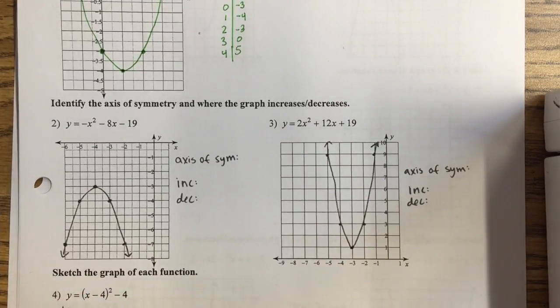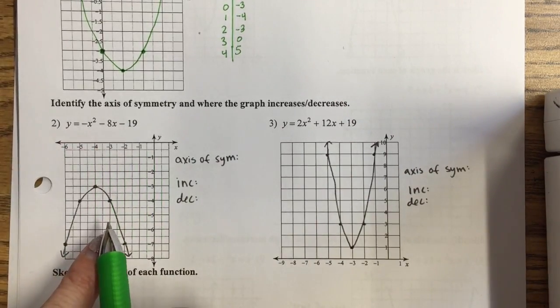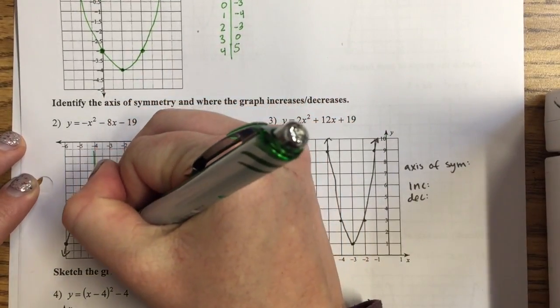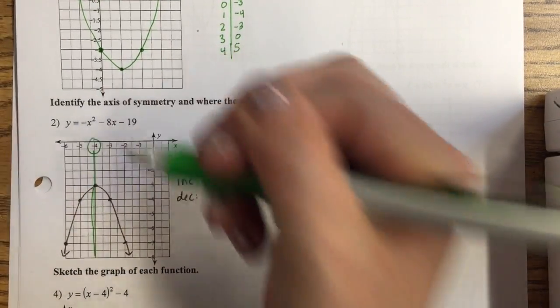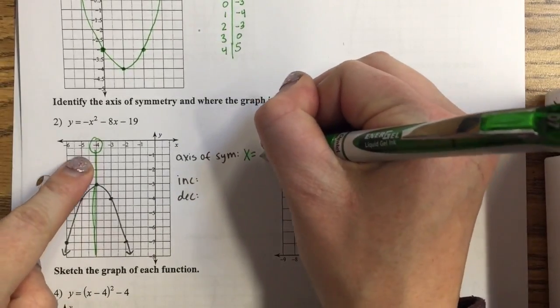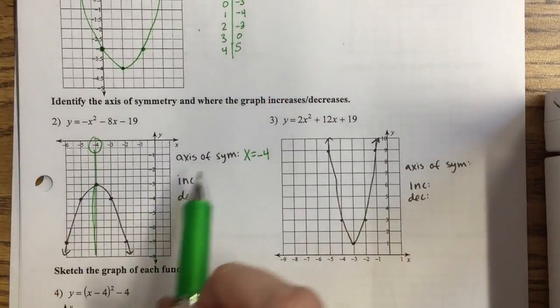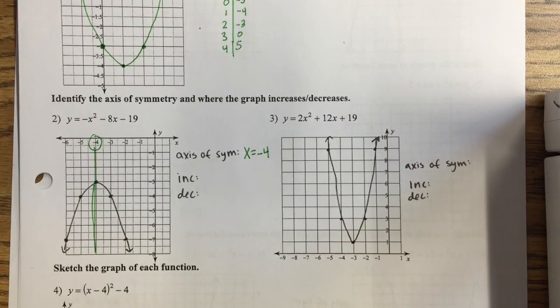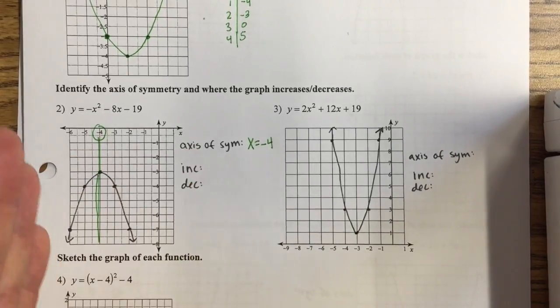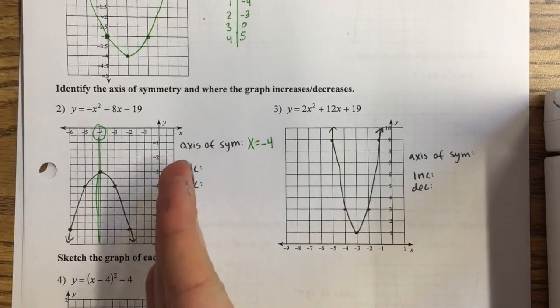So for increasing and decreasing, they've already graphed your function. The axis of symmetry is the line that cuts down the middle, which would be x equals -4. Now, increasing and decreasing on a quadratic, there are two sides, right? There's the left side and the right side.